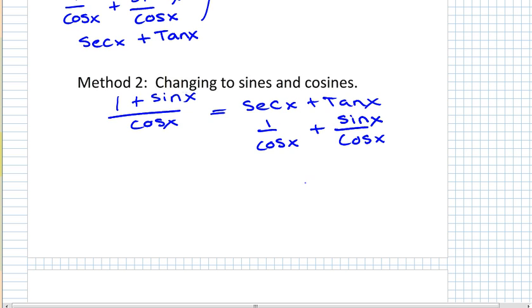And notice, now you've got the common denominator, so it's 1 plus sine of x over cosine x. And notice, it's the same. So basically, there's two ways that we did the same problem.